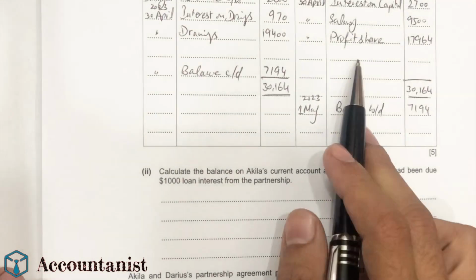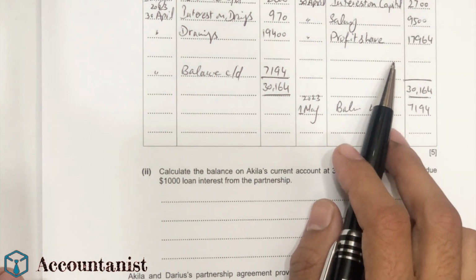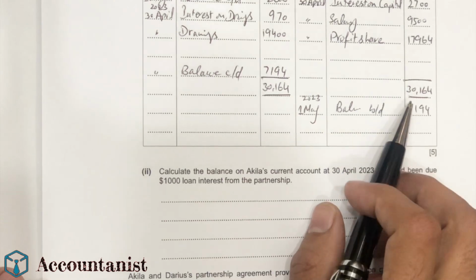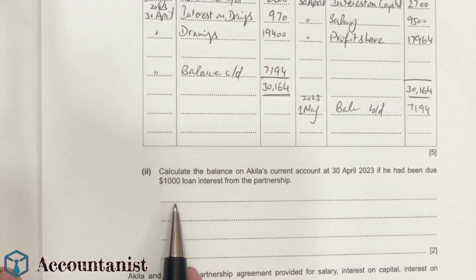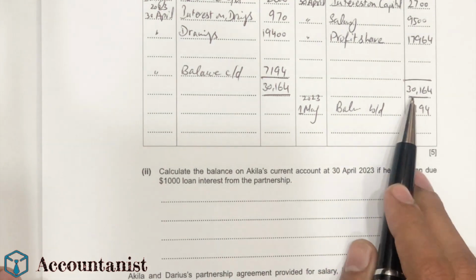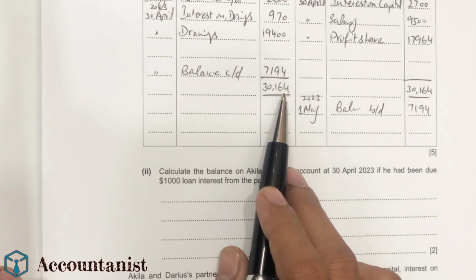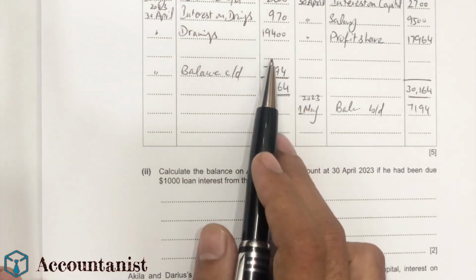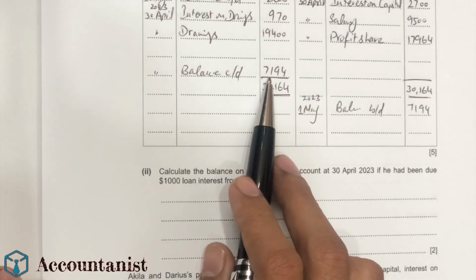So if there was a loan interest on this credit side, 1,000 is the loan interest. So we'll have 31,164 here, and we will deduct all of these, and then we will have the balance.